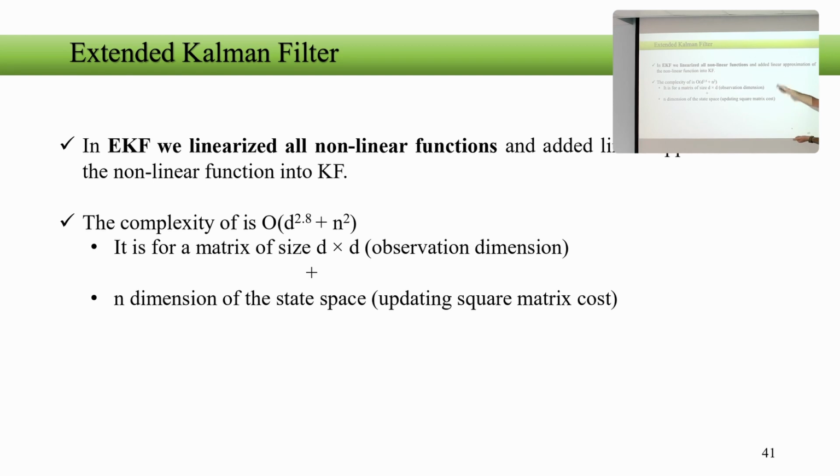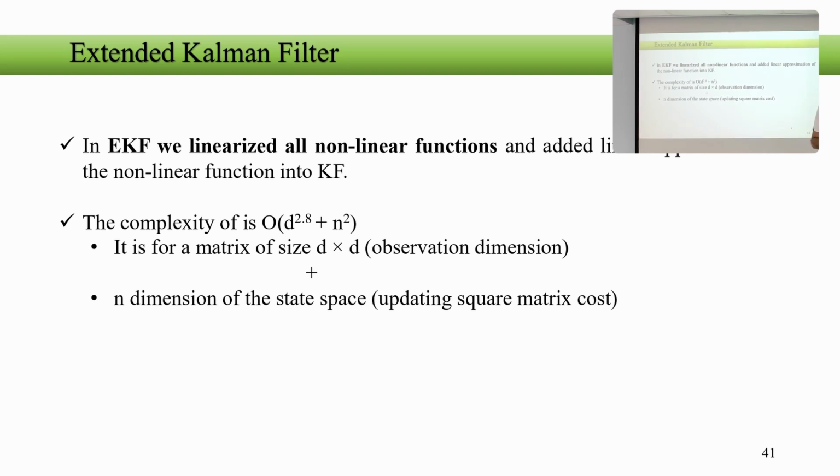If you want a proof, just check it yourself. And this is added by n, the dimension of the state space, and that can also cost cubic. The cost is still acceptable, but 2.8 is quite high, and that limits us in using the extended Kalman filter everywhere.